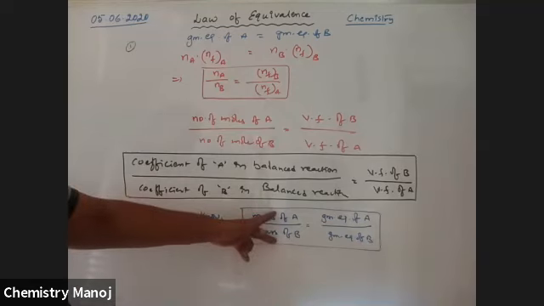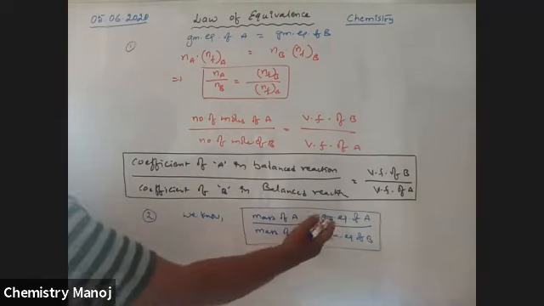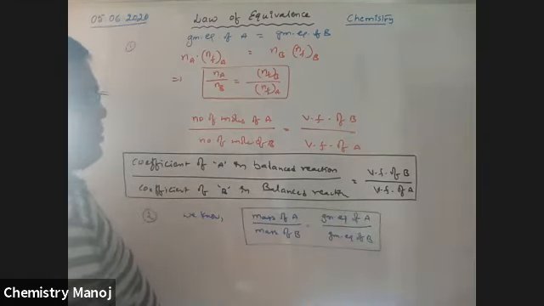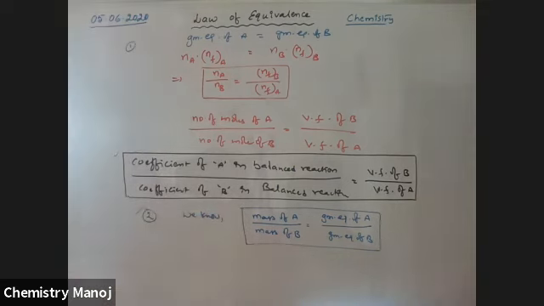Masses of different given chemicals are given to you. Gram equivalent is nothing but n into n factor. That is the formula used. So these are the two important formulas used to calculate problems based on these topics, so you should keep them in mind.